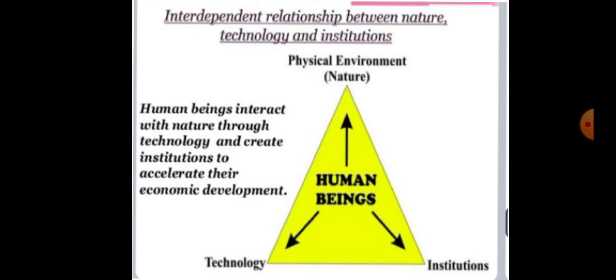And this interdependence amongst all these species or living beings and non living beings is called our physical environment. Human beings interact with nature, with technology, and also the institutions, the organizations, or the place where all these resources are created. It is the human intellect which combines all of them.